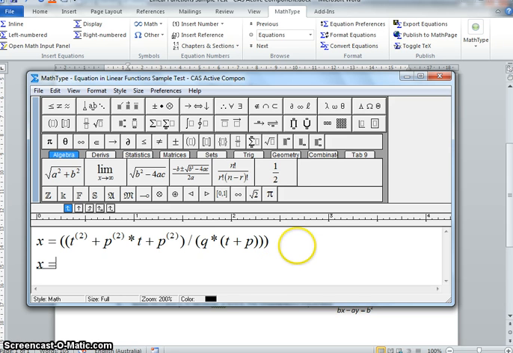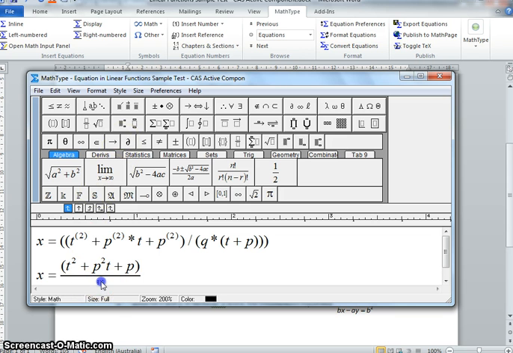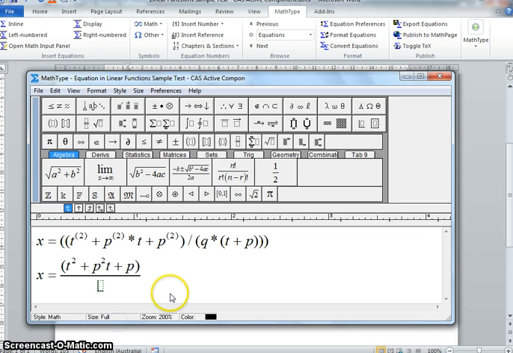X equals, so we've got brackets t squared, I think, plus p squared and then t plus p. The whole thing is over q times t plus p.